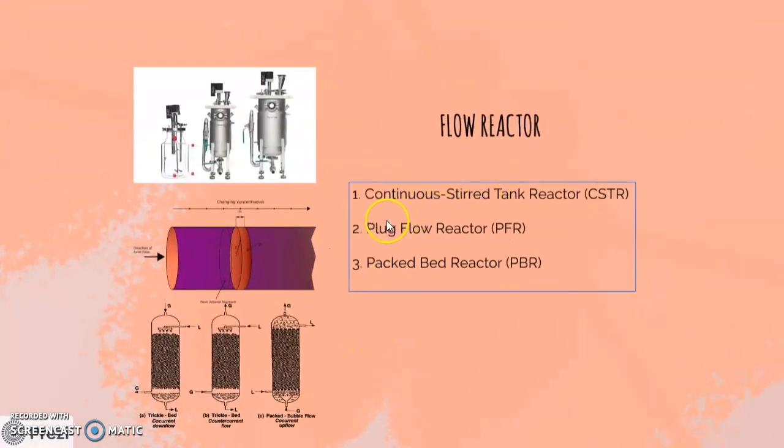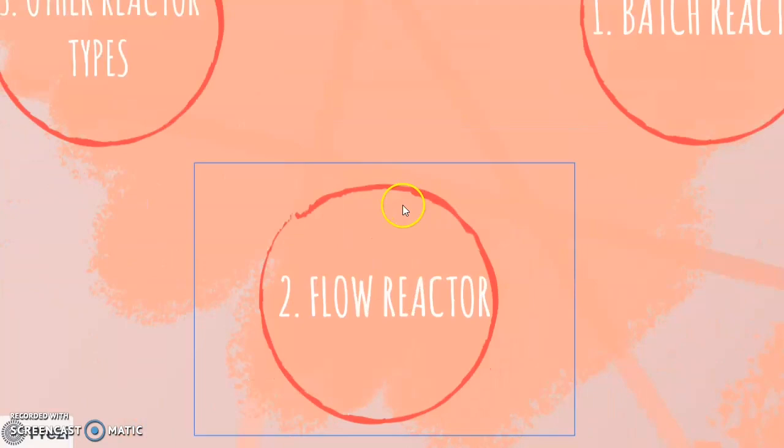For instance, continuous stirred tank reactor CSTR, plug flow reactor PFR, packed bed reactor PBR. A flow reactor is a device in which chemical reaction takes place in a microchannel. So this subtopic will be explained more by other groups.